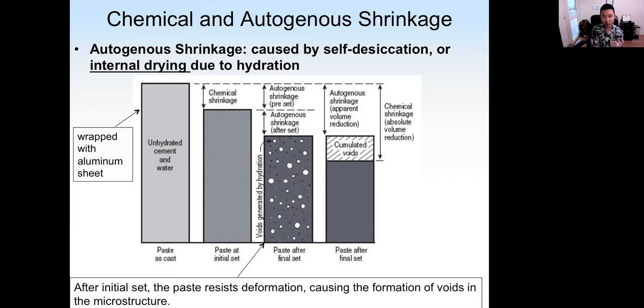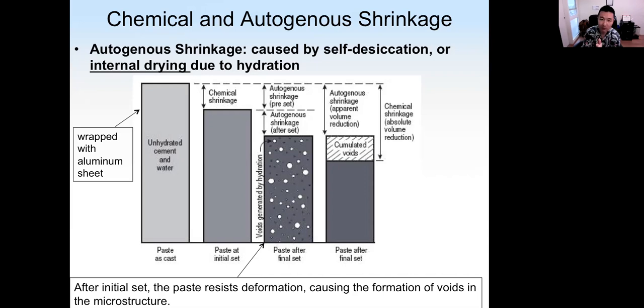The chemical shrinkage before concrete set doesn't really matter because concrete is very soft. If the concrete has some small amount of shrinkage, it will not crack because it is soft.